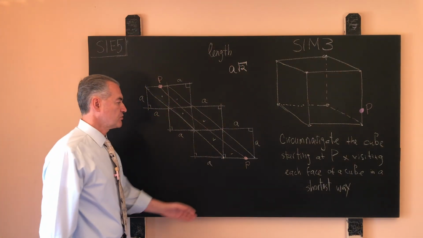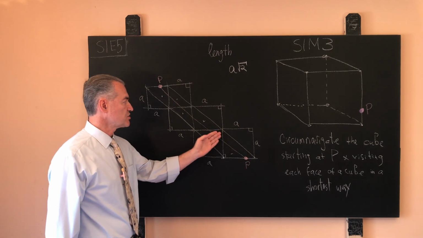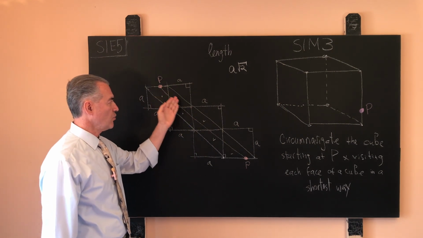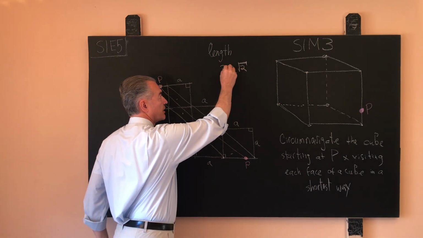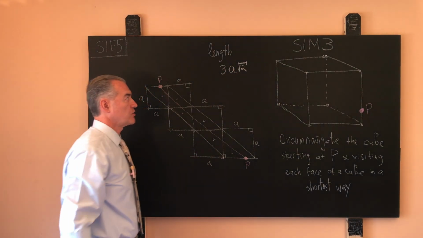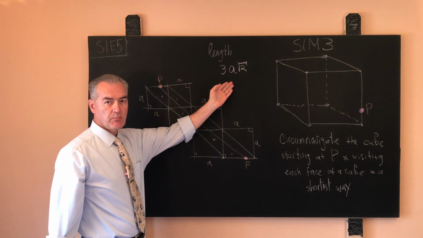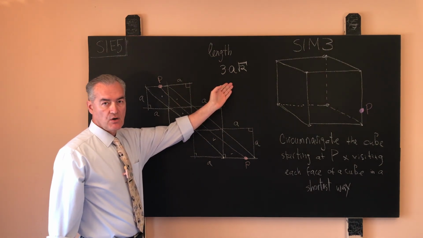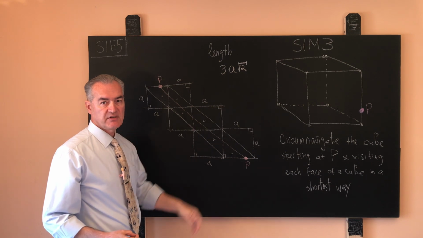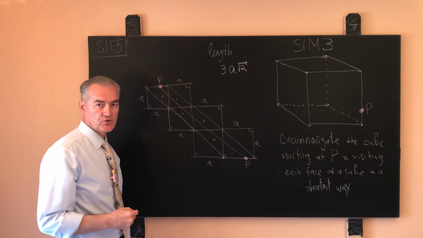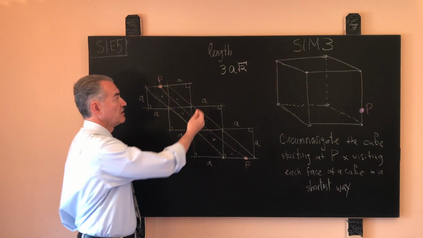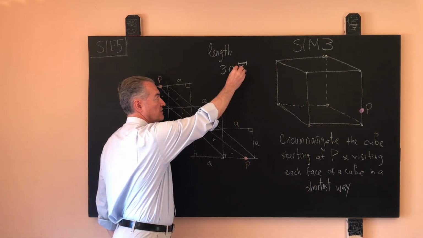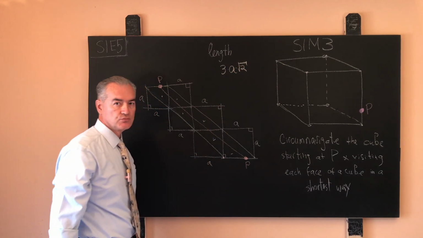And because here we have 3 such diagonals stacked one to the end of the other, that number will also be scaled up by 3, and that is our answer. The shortest possible length of the circumnavigating orbit over the surface of a cube that visits each and every face is 3 times a times the square root of 2.